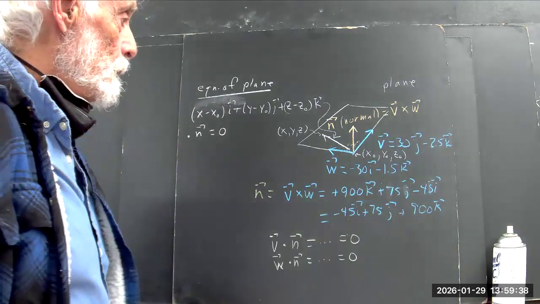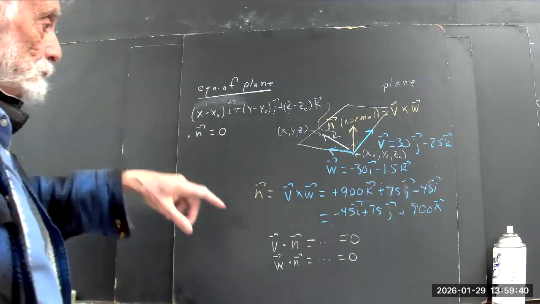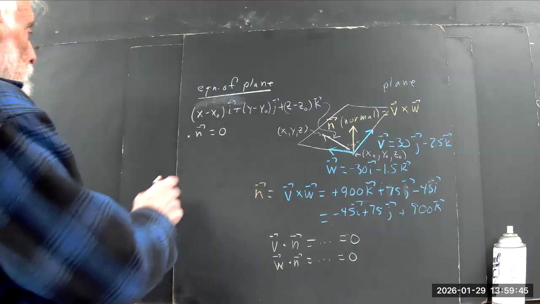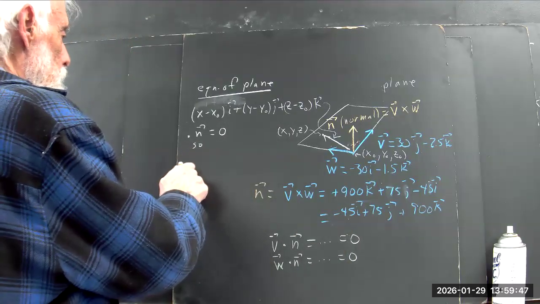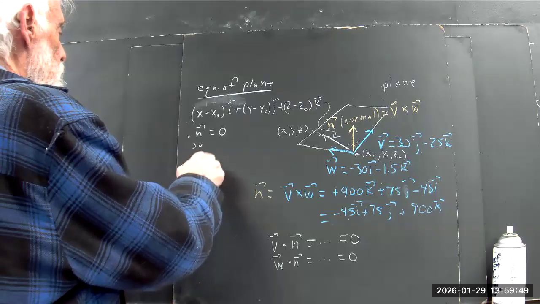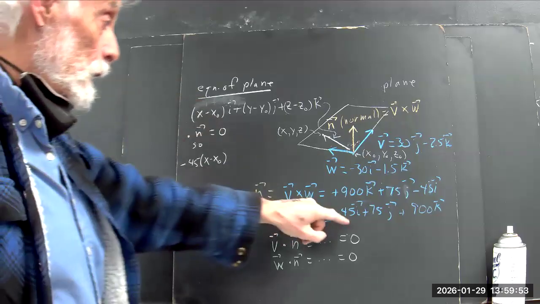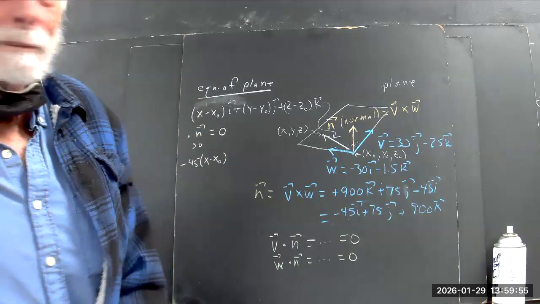Well, I component times the I component: X minus X naught times negative 45, right?